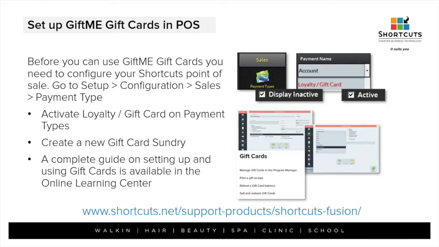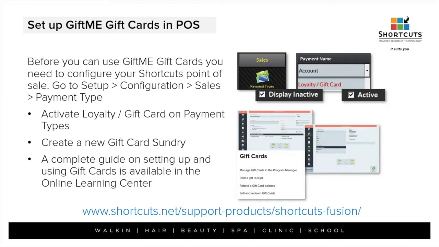The second thing, if you've never used GiftMe, digital or physical, you're going to create a new sundry. So you're going to go to the sundry button. We're still under sales in the Shortcuts point of sale. And you're going to create a new gift or a new payment type, and you're going to call it GiftMe Gift Cards.